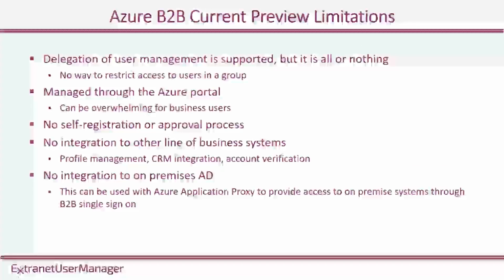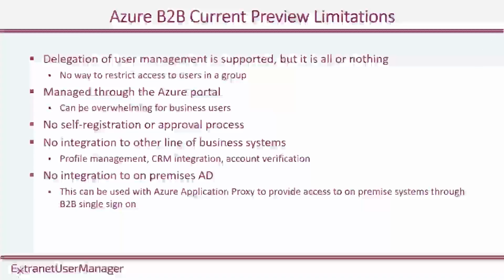Let's say you've got a board of directors site and you've got 25 external users that need to come into that particular site in SharePoint Online, and you want the board secretary to be able to manage those external users. You could delegate access to them, and they could invite people in, and that would be a reasonable scenario. But let's say you now add another extranet where, in addition to the board site, you've created a partner site, and you've got somebody in the sales partner team that needs to invite users in there.